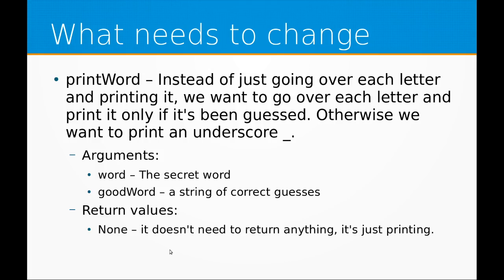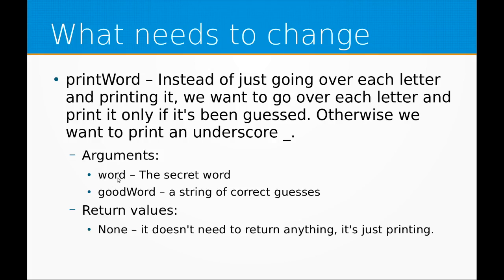The second one we need to change is printWord. So this was just going over one letter at a time from the word. Instead, we still want to be going over it one letter at a time, but we only want to be printing it if it has already been guessed. And the list of guessed correct letters is good word.